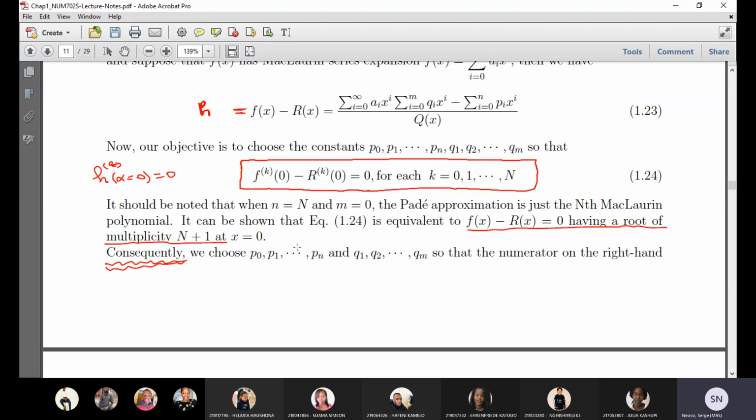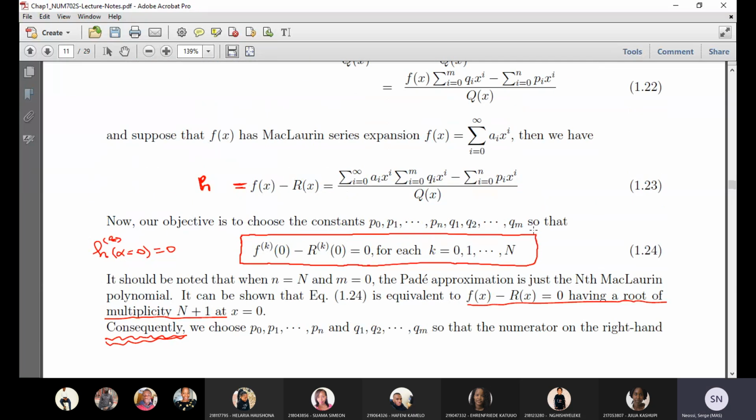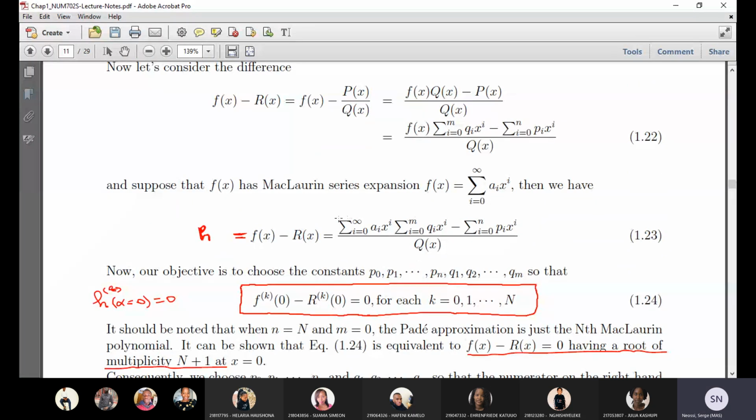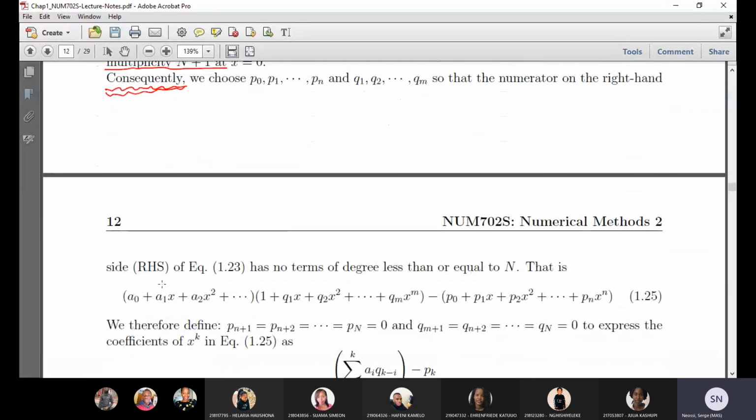This coefficient will be chosen so that the numerator on the right hand side has no term of degree less than or equal to n, meaning that in the numerator, what will appear will be the degree from n plus 1 upward.